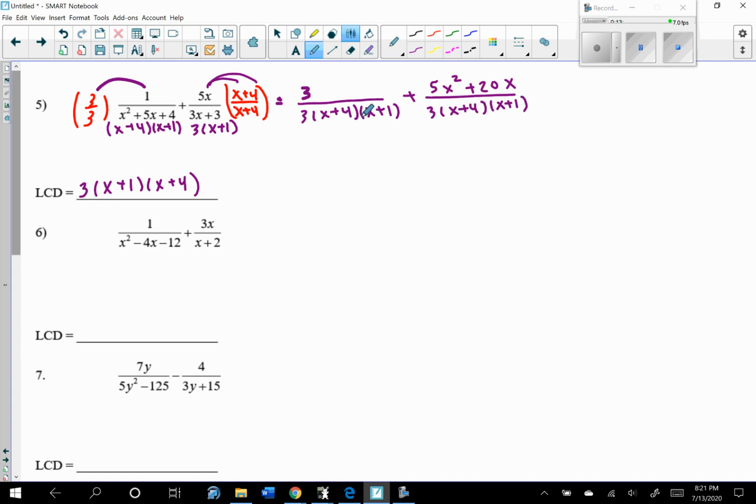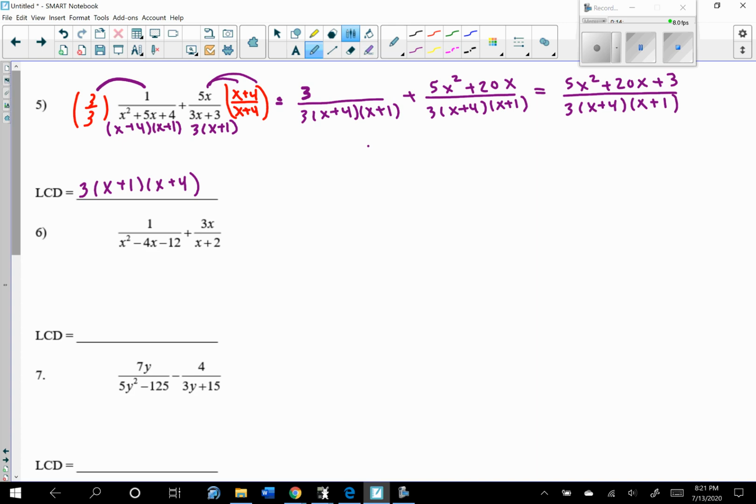Now I have a common denominator, so now I can add or combine the numerator over my common denominator. So that becomes 5x squared plus 20x plus 3 over 3 times x plus 4 times x plus 1. And if you can factor, again, you're going to want to try to factor.